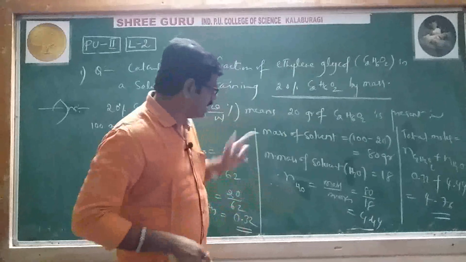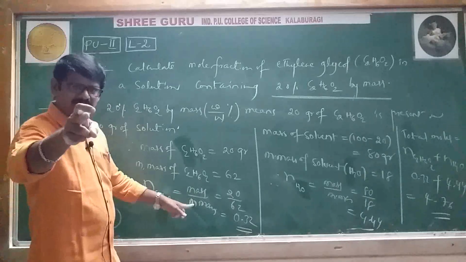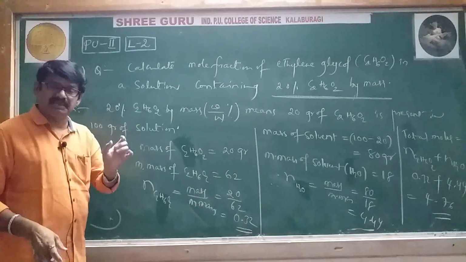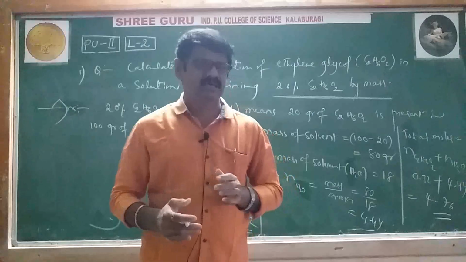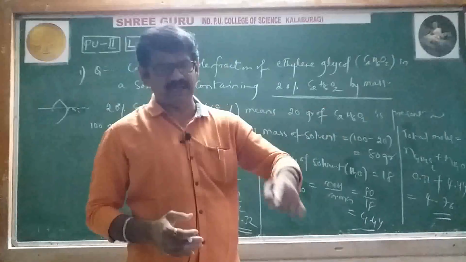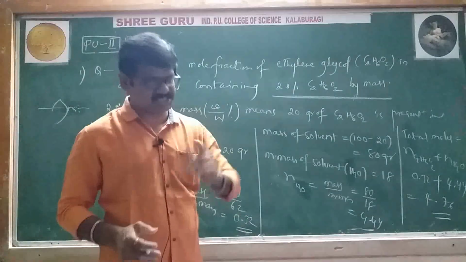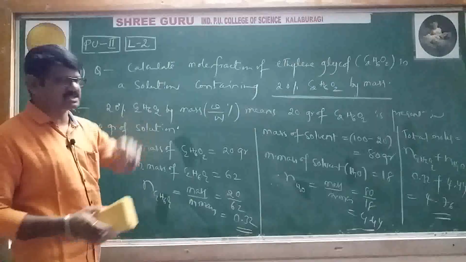At the same time, without mass as well as molar mass, it is not possible to calculate moles. Means all are interlinked concepts. With mass, we'll find moles. With moles, we'll find the mole fraction. Right. Now we'll start.